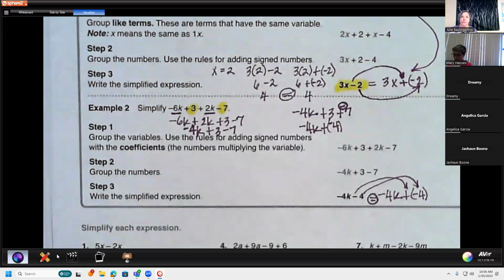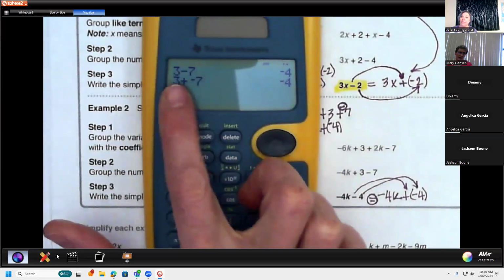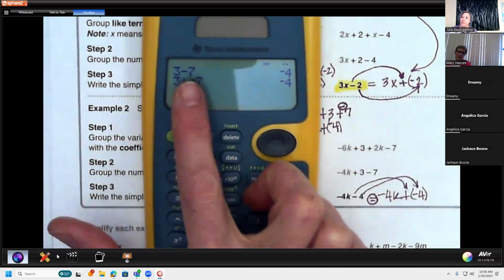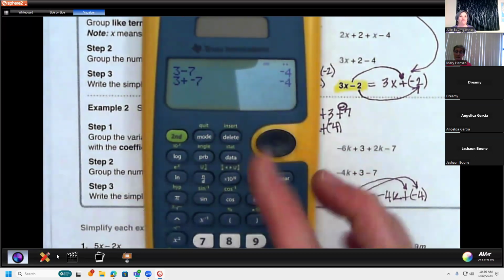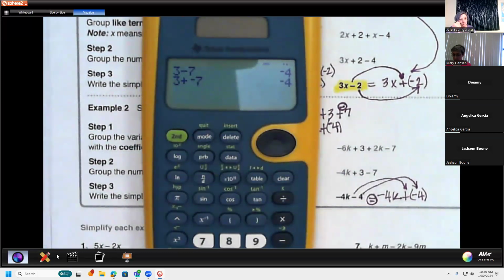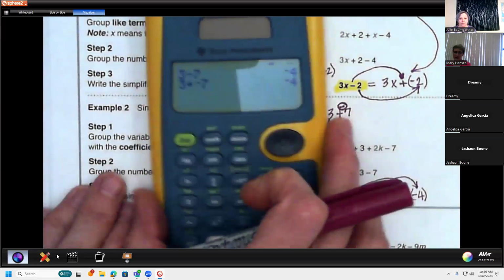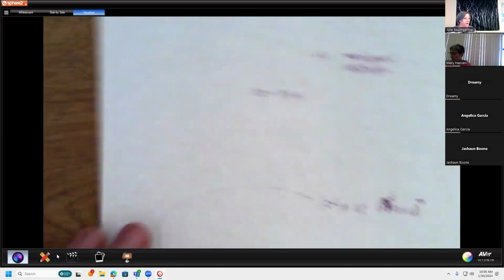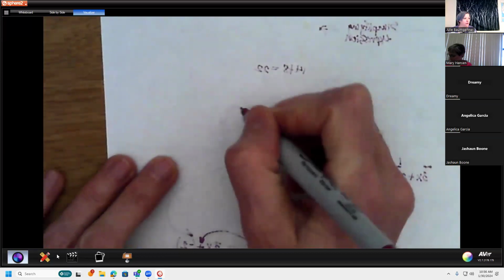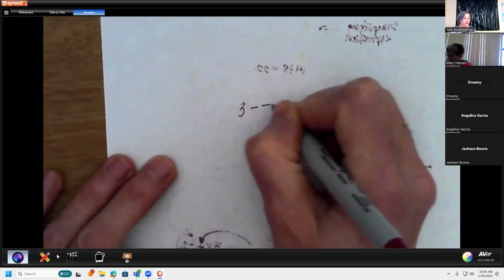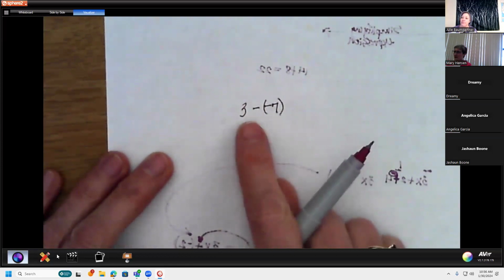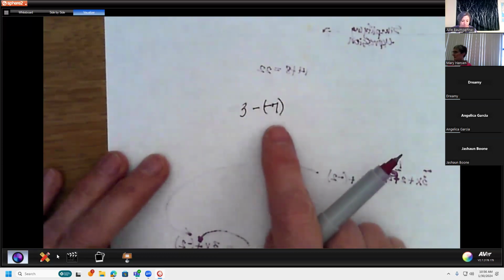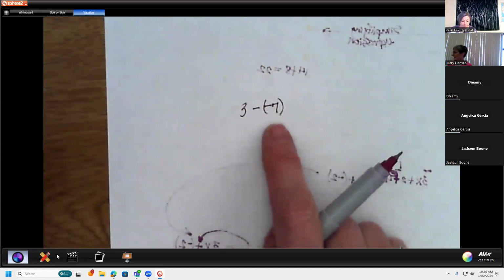A lot of people can see that problem, and then the issue that most people have, hence why we teach this rule, is what if I have 3 minus negative 7? These are the problems that stump people, because if I have 3 but you're going to take away 7 negatives, what the heck is that?